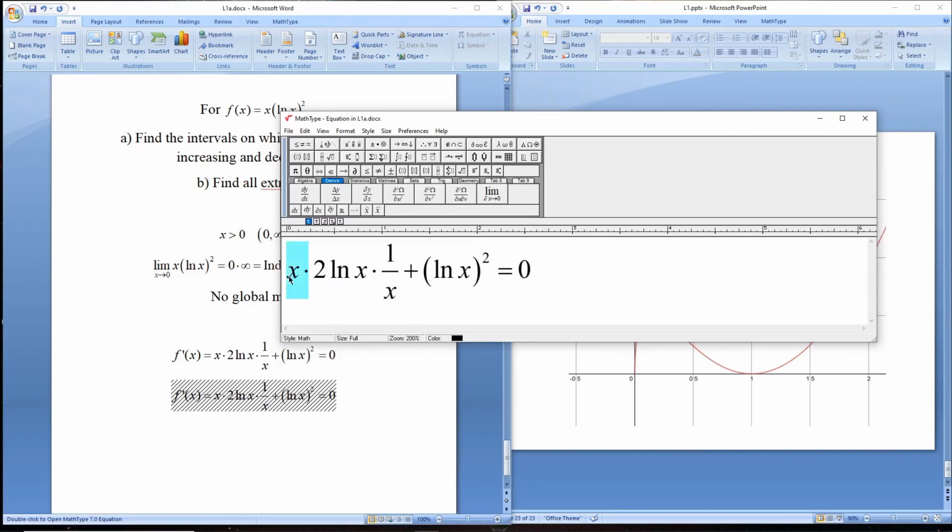So let me just do this again. Again, these x's will cancel out right here. This is not from the 0. But if we divide both sides by log x, we will have 0 divided by log x over here if we do that. And that actually eliminates a solution.